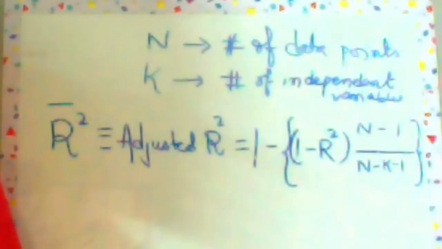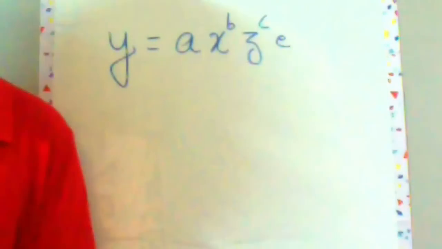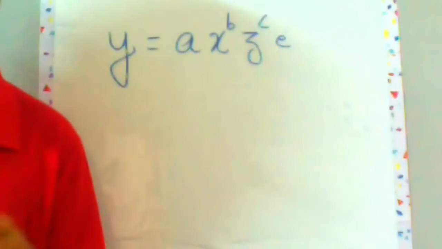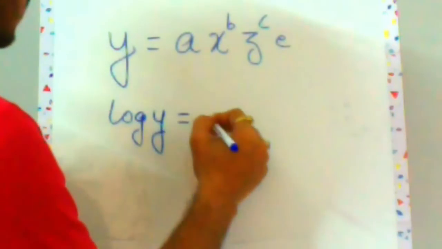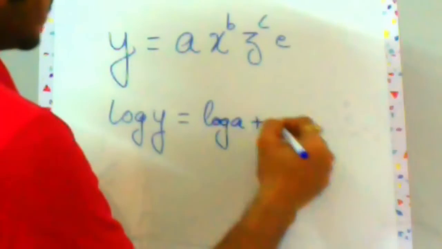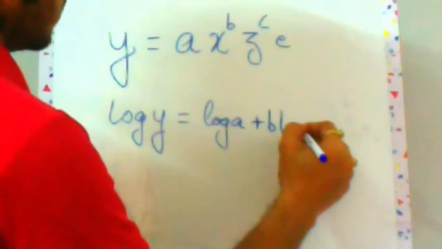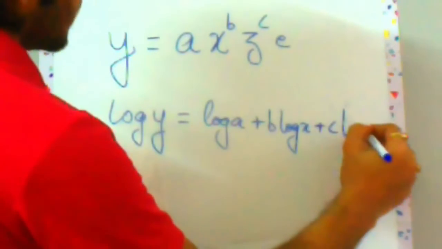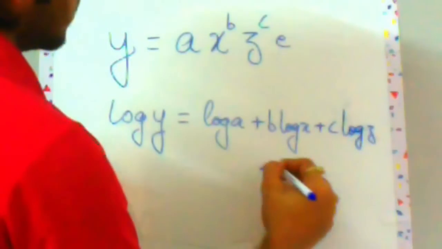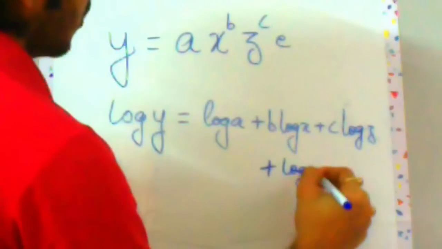What if you have this kind of a model? This certainly is not a linear model, but can you do regression on this? It turns out yes. Let's take logarithm on both the sides. If you do that, you will get log y is equal to log a plus b log x plus c log z plus log e.